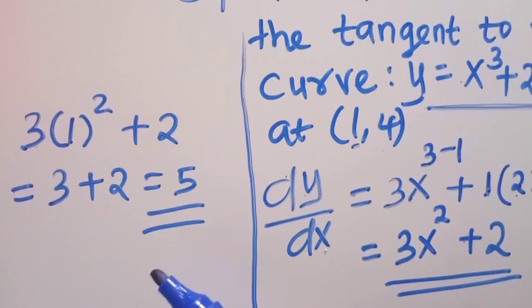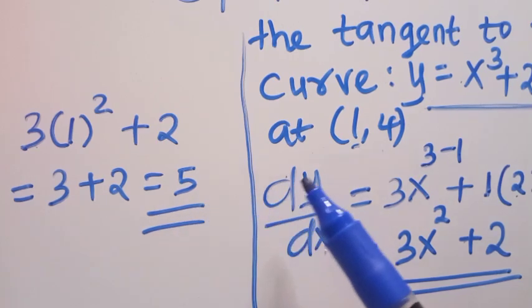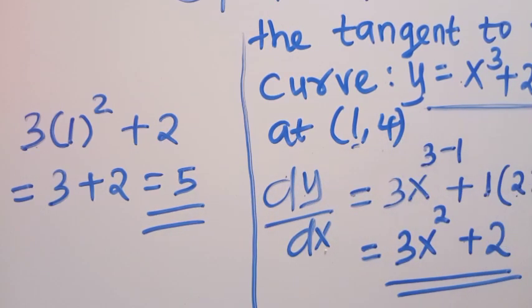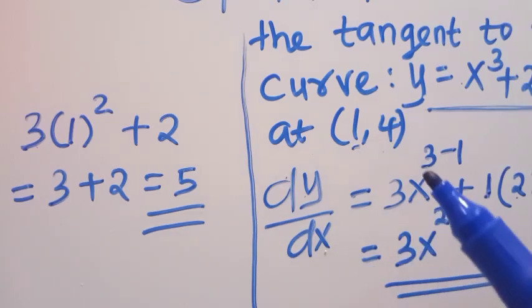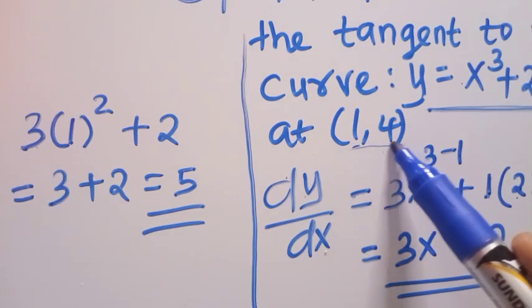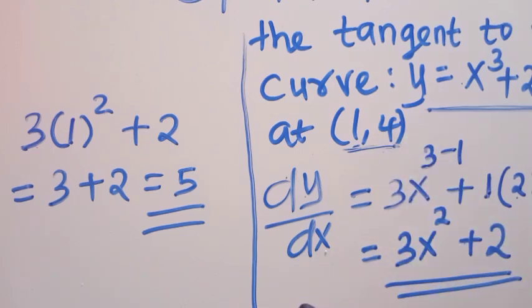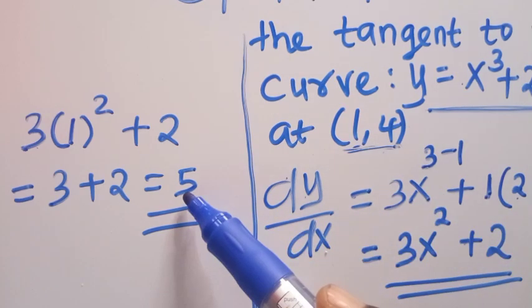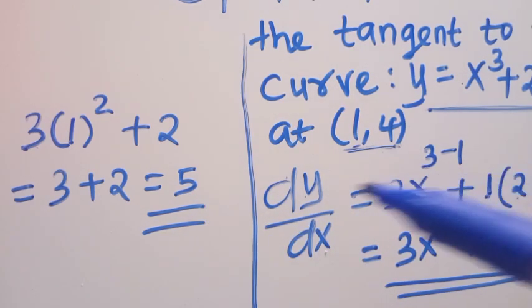Now, the gradient of the curve at the point (1, 4) is the same as the gradient of the tangent to the curve at the same point. Therefore, for us to find the equation of the tangent, we have to consider this point, the general point (x, y), and this gradient, which is 5, because the gradient of the curve is 5 and the gradient of the tangent will also be 5.